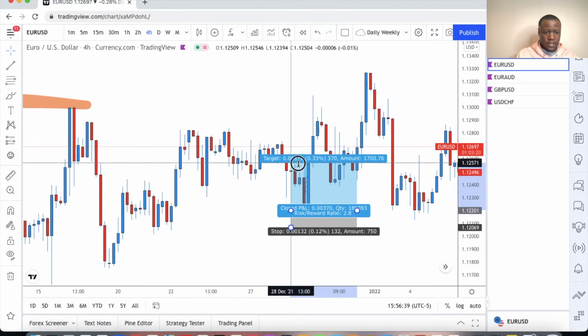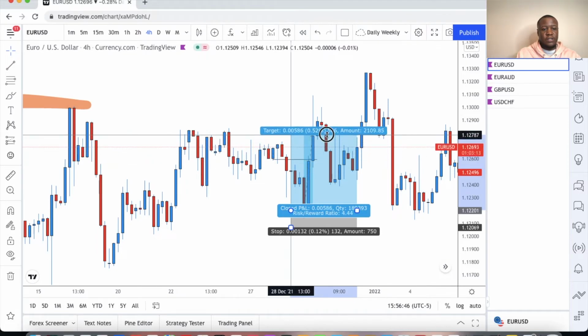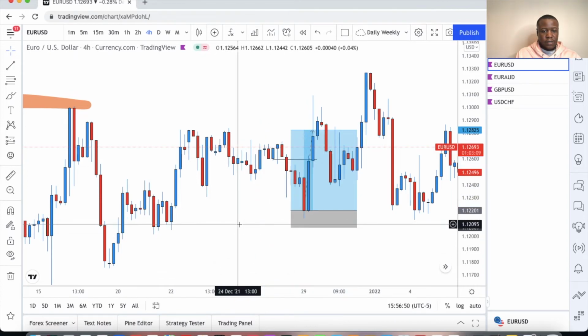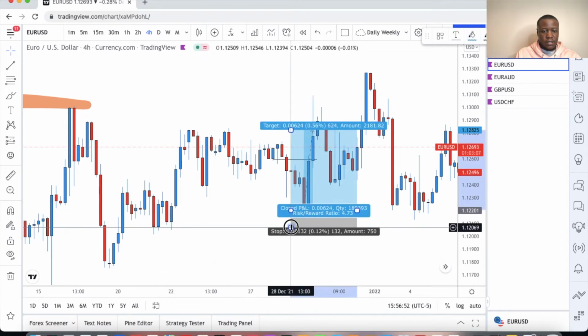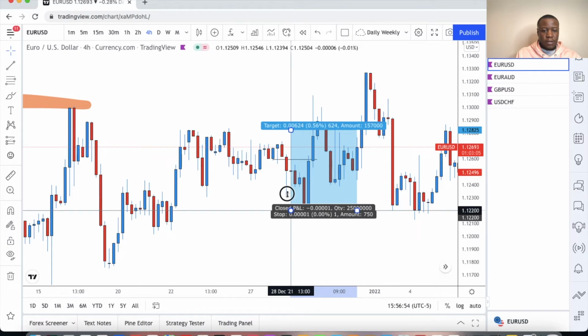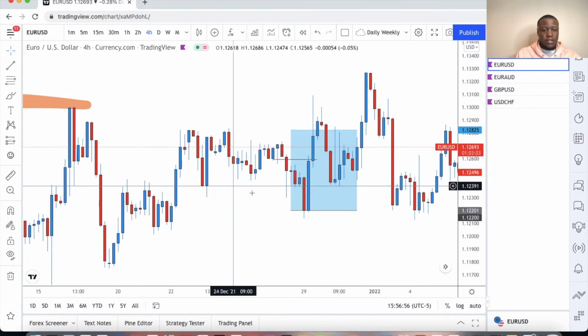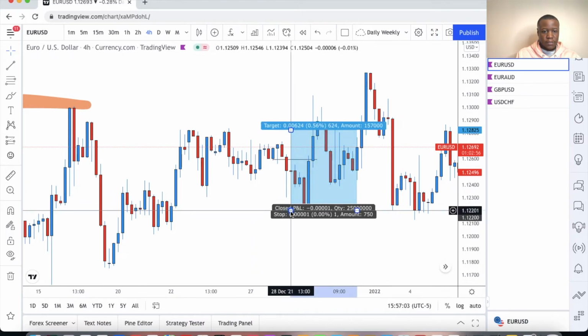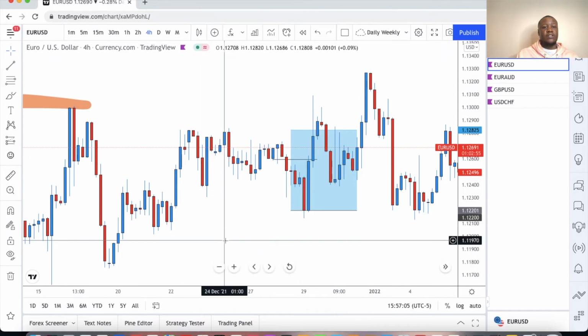Once I hit this first partial level, whichever partial level I decide to take, you're gonna move your stop up. That's all you do. Move it up maybe a pip or two above the actual entry level, and then you have nothing to worry about. Just let it run and you're good.